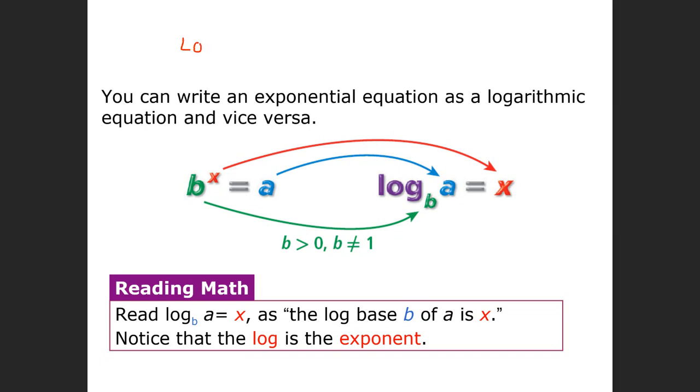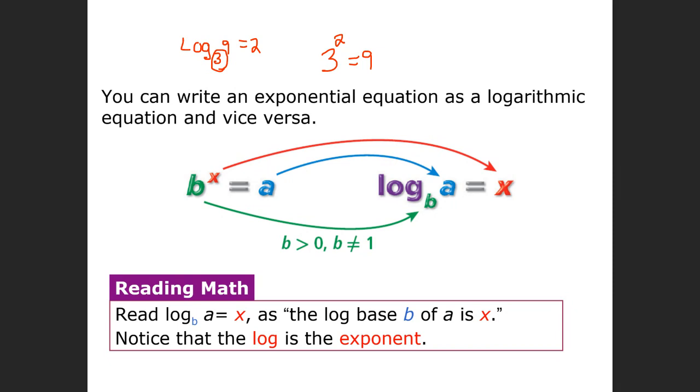So if I gave you something like log base 3 of 9 is equal to 2, this is a logarithm. Okay, what is a logarithm? A logarithm is another way of writing an exponent. It is the exact same thing as an exponent. So how would I rewrite this as an exponent? Well, this is your base, so it would be 3 to the second power is equal to 9. That's how you rewrite a logarithm as an exponent.